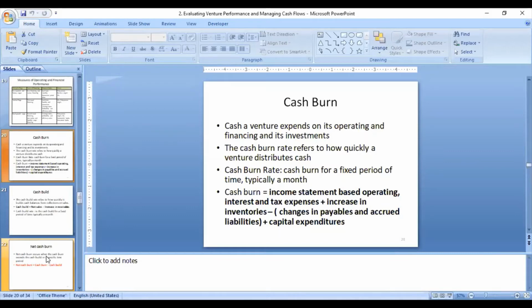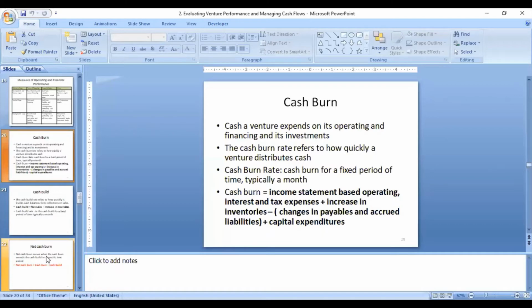Normally, the cash burn rate refers to how quickly ventures distribute cash disbursements. We can calculate this as a rate, typically per month. So when we say cash burn rate, that is cash burn for a fixed period, that is, for a month.